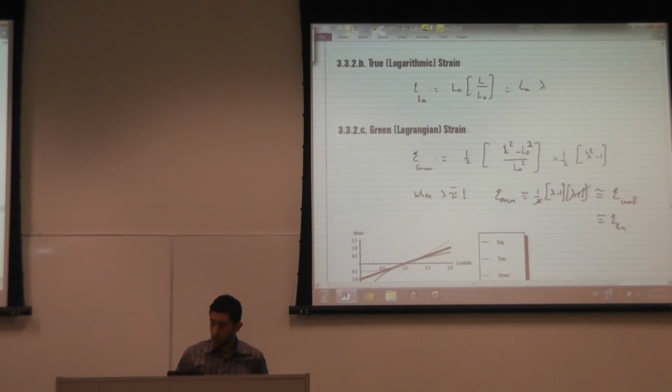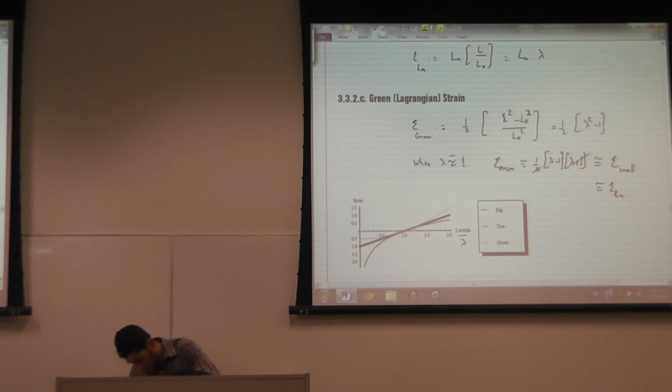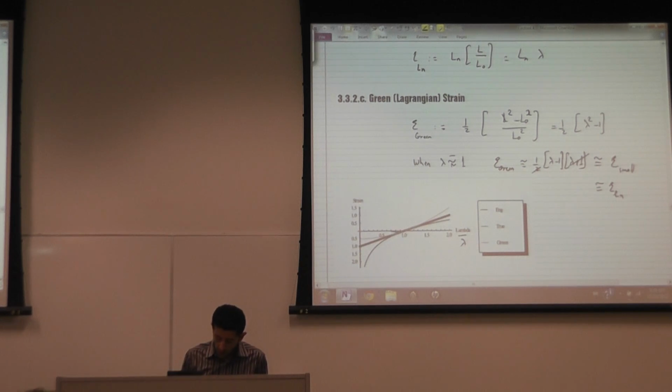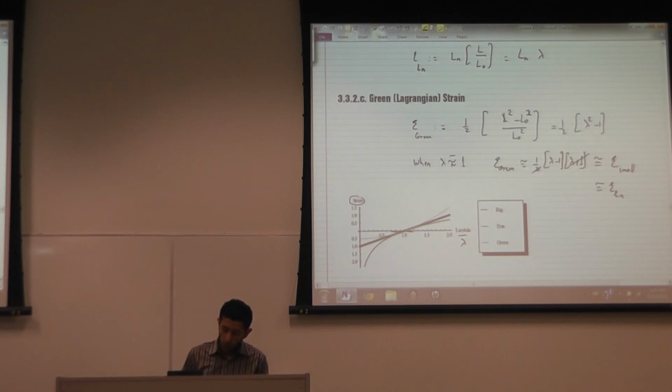So they're all equal at small strains. When lambda is around 1, the strain for everything should be equal to 0. When the stretch is 1, the strain should be equal to 0. They all give you the same strain at small strains, but they deviate from each other as the stretch gets bigger.